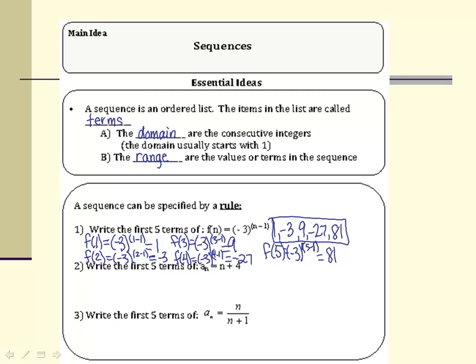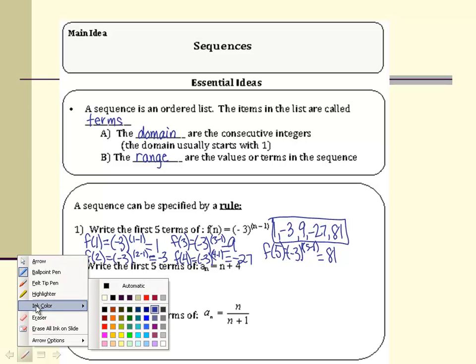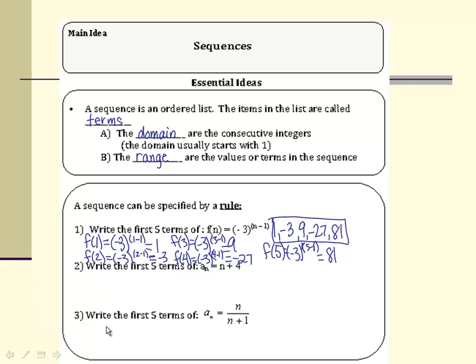For number 2, write the first 5 terms of a sub n equals n plus 4. So again, we're going to plug 1, 2, 3, 4, and 5 in and simplify. So a sub 1 is 1 plus 4, which is 5. A sub 2 is 2 plus 4, which is 6. A sub 3 is 3 plus 4, which is 7.